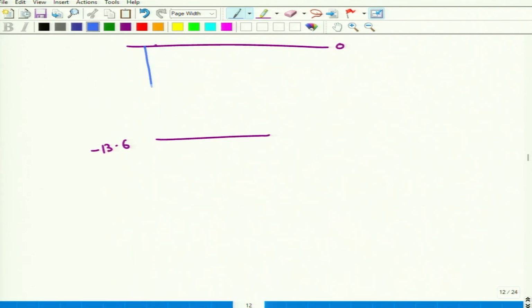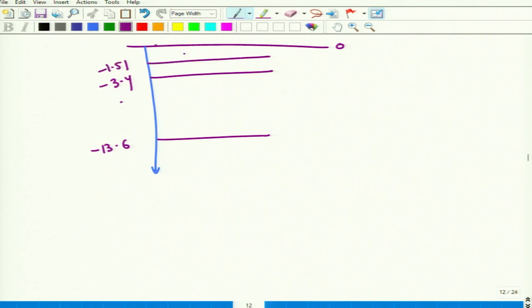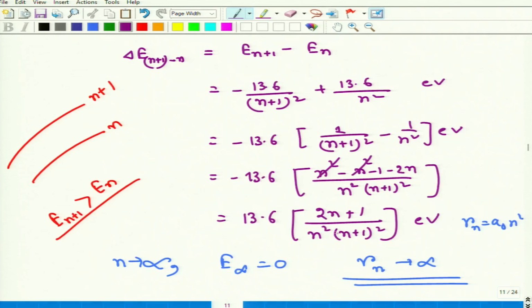This is the first energy, minus 13.6, then next will be minus 3.4, then minus 1.51, then minus 0.85, and if n increases, the levels will be very close to each other. This is the ground state, and these are the higher states. So we can see that the gaps are decreasing if n is increasing.